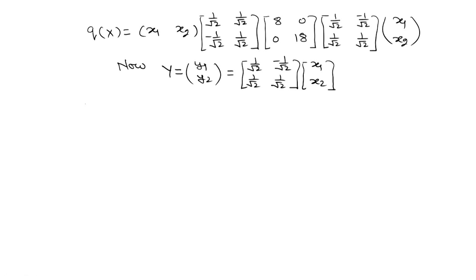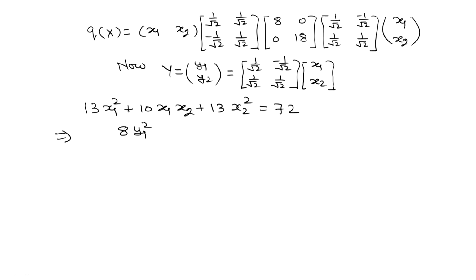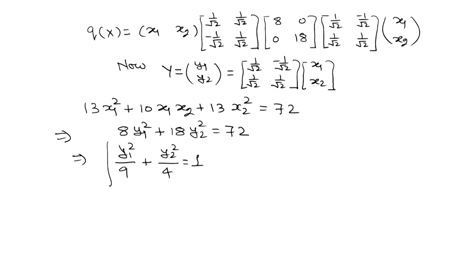In this way I can write the quadratic form 13 x1 square plus 10 x1 x2 plus 13 x2 square equals 72 in the new variables y1 and y2, and it will become 8 y1 square plus 18 y2 square equals 72, or y1 square upon 9 plus y2 square upon 4 equals 1, which is a standard equation of the ellipse.